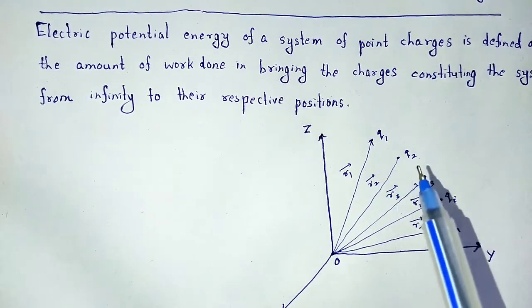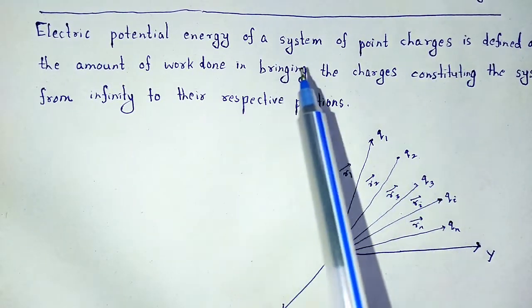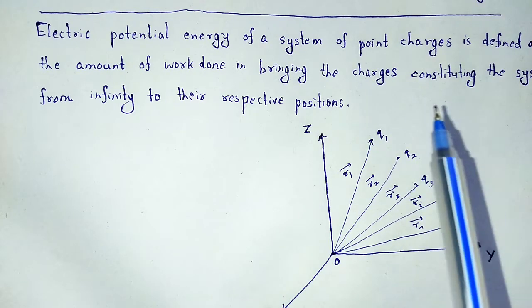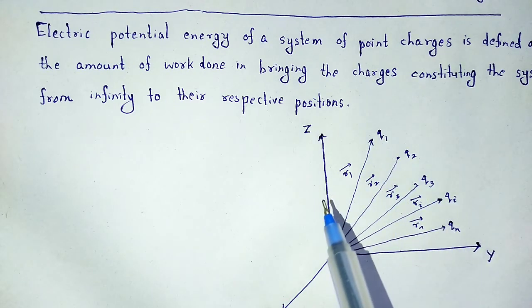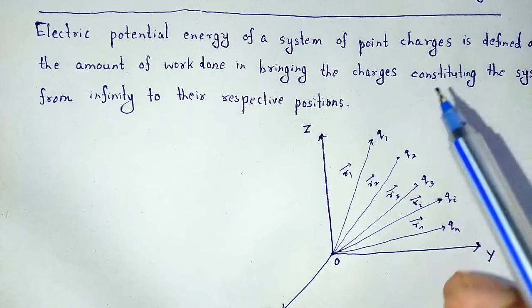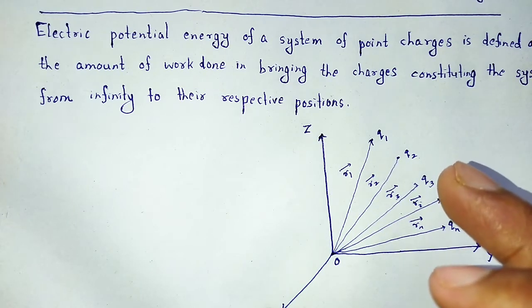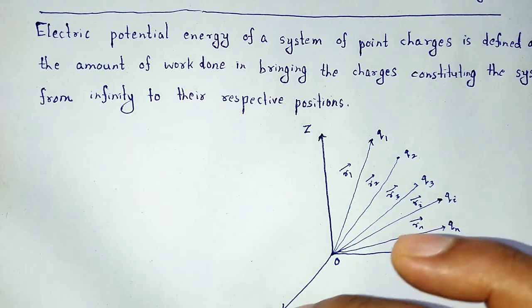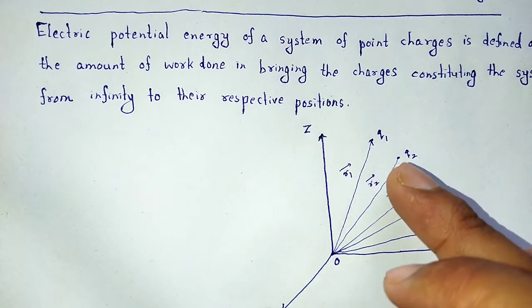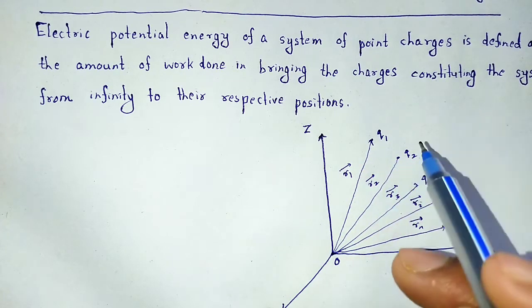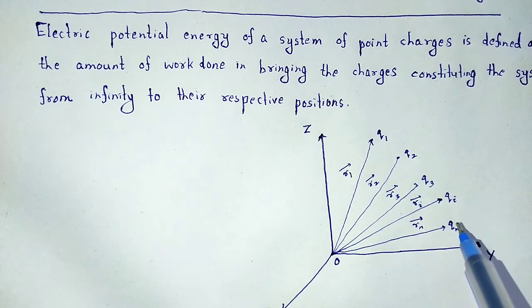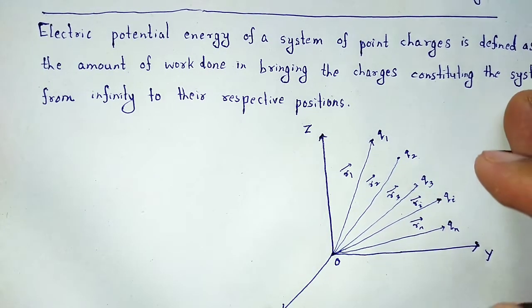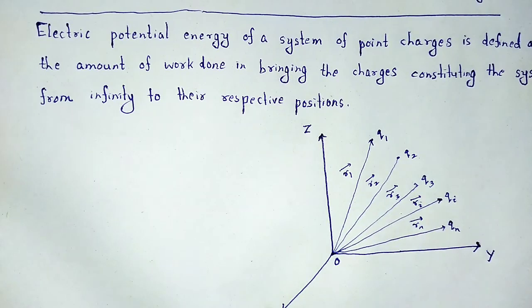Our aim is to calculate the electric potential energy of a system of point charges, which means the amount of work done in bringing the charges from infinity to their respective positions.